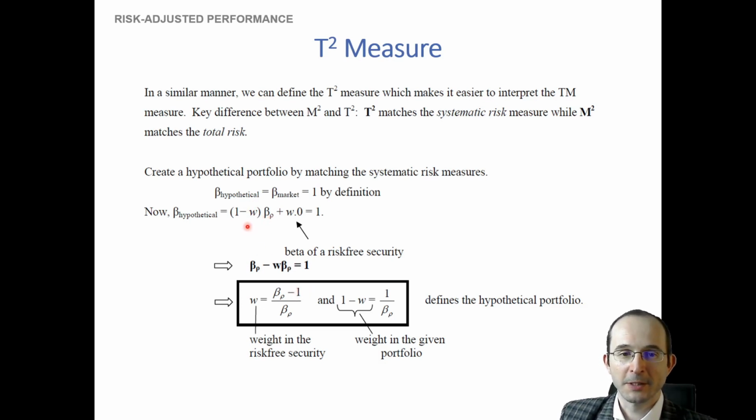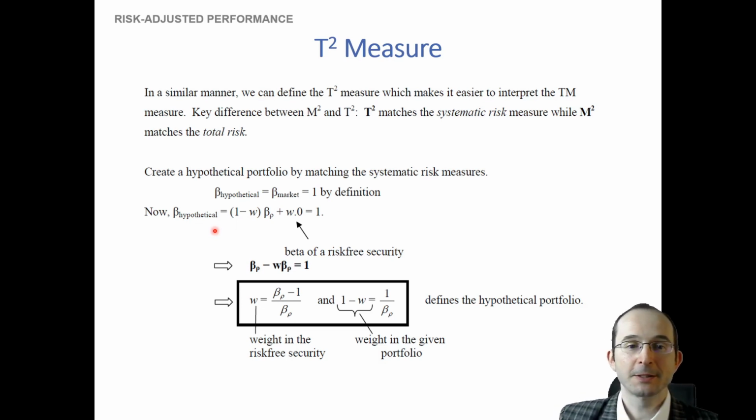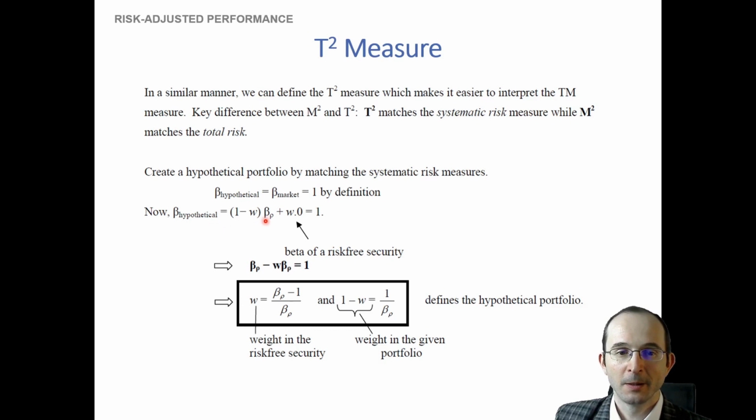So essentially, in the hypothetical portfolio, since betas are also linear in weights, as we know from our previous discussion of factor models, we can say that the beta of the hypothetical is going to be (1 minus W, whatever you've put in the risk-free asset) times the beta of the candidate portfolio, because that's the amount you've put into the candidate portfolio, plus W, whatever you've put in the risk-free asset, times 0, because the risk-free asset has 0 beta.